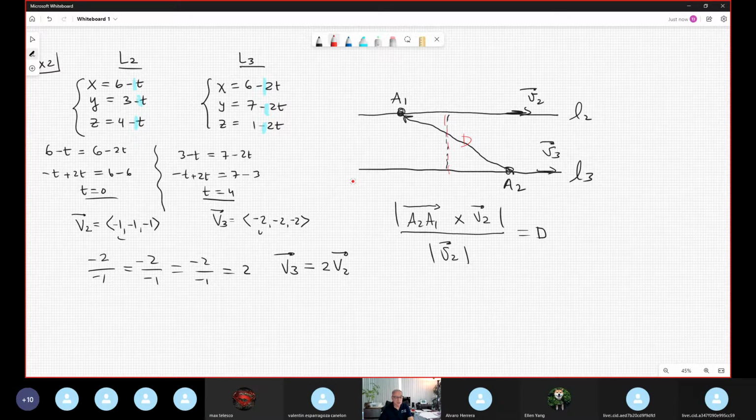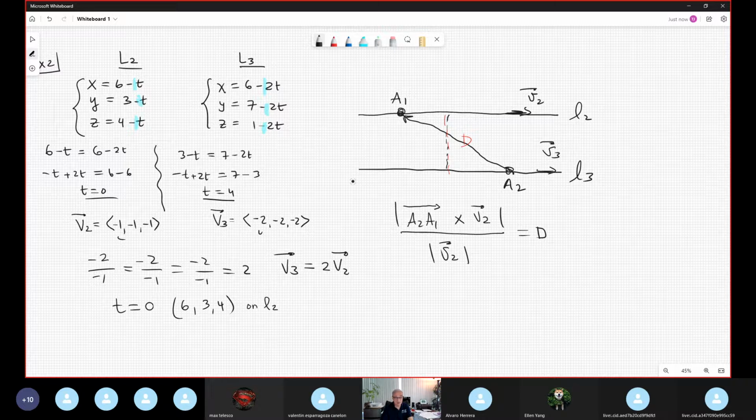So I try to find one point on line 2, which is super easy. I highly recommend t equals 0. Suppose t equals 0, you get the point 6,3,4 on L2.